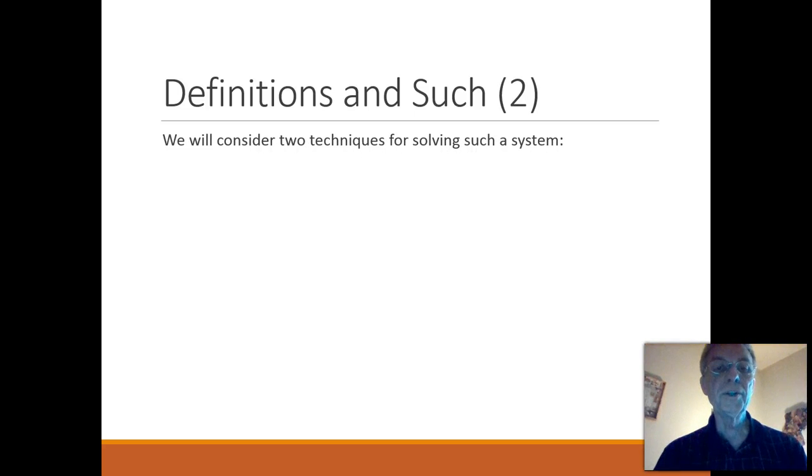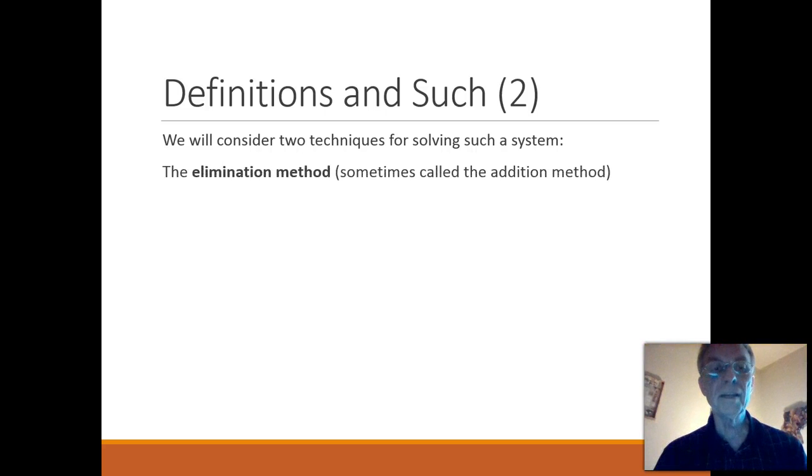We will consider two techniques for solving such a system in this lesson. There is a third technique which is called graphing, but it's usually more difficult to determine what the actual solution is because you're guessing in a lot of cases. One of them is called the elimination method, which is sometimes called the addition method because you're going to add the two equations together to solve for one of the variables.